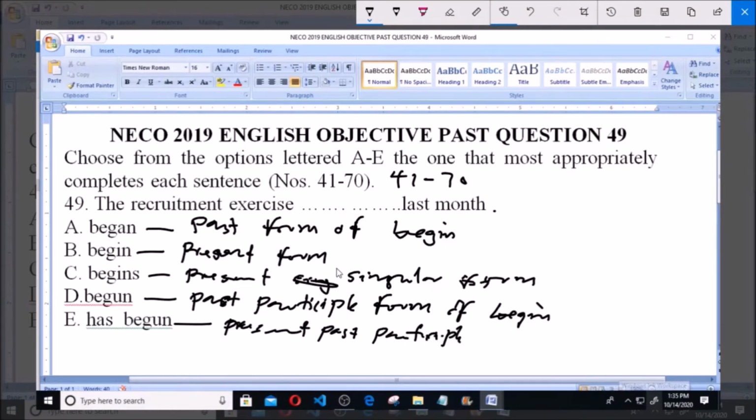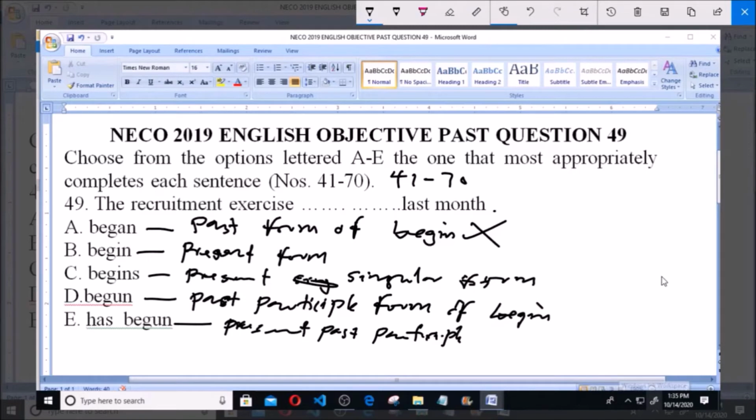Now in this contextual analysis, what you notice is that this statement or the action of the verb is yet to be completed, so we cannot use the past tense of begin. So we cannot say the recruitment began last month.